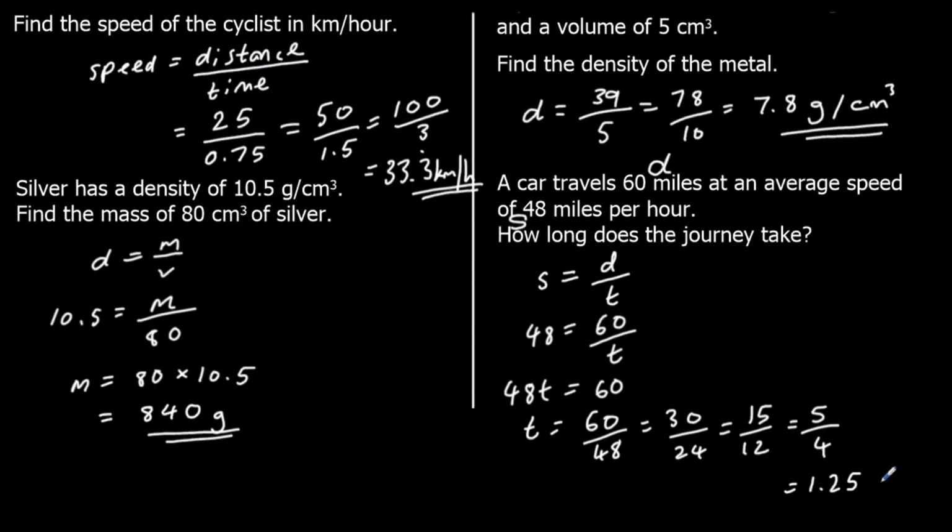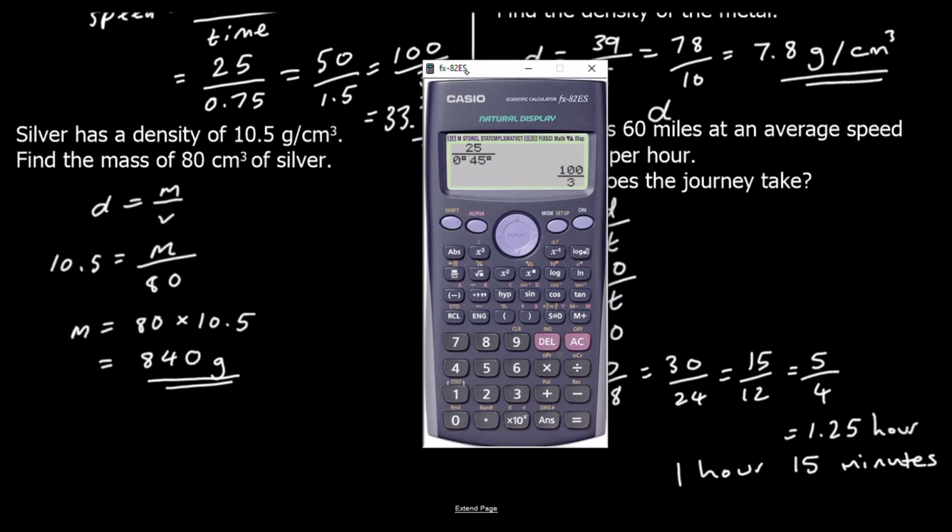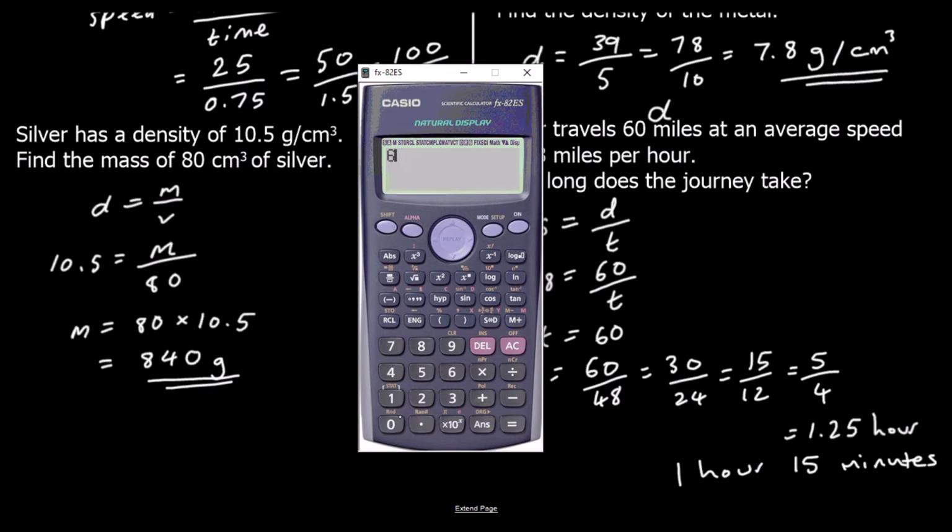And that is in hours, 1 1/4 hours. So we could write that as 1 hour and 15 minutes. And if we did use the calculator, we could use the time button again. So 60 over 48 is 5 over 4, but press the time button and it will convert it to 1 hour and 15 minutes.